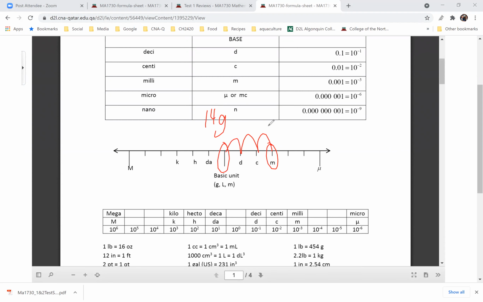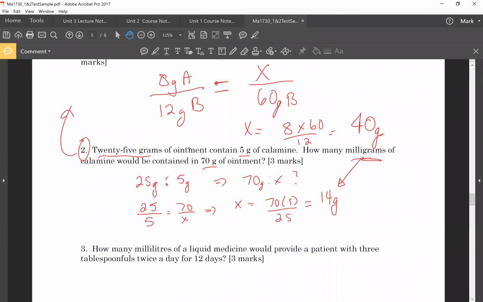So what that means is I'm going to move the decimal place 3 places to the right, or multiply by 10 to the positive 3, 10 times 10 times 10. Because I'm going to the right, I'm going to multiply it by 10 to the power of 3, or you could just move the decimal place 3 places, whatever you're comfortable with. So that would be 14,000 milligrams. All right.